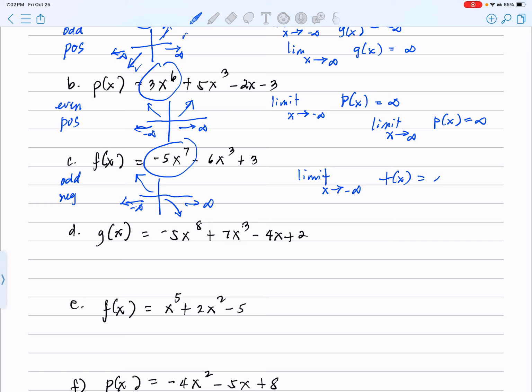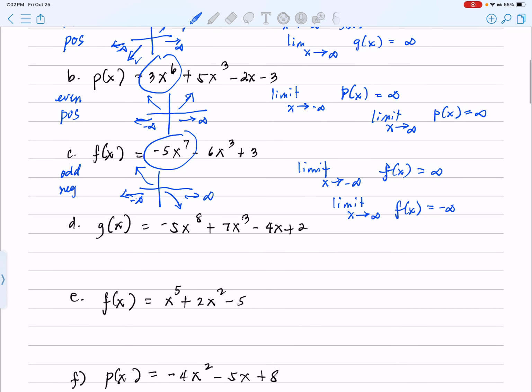So this is positive infinity, and the limit as x approaches positive infinity, it falls down. So the f of x is negative infinity because of the odd and negative.